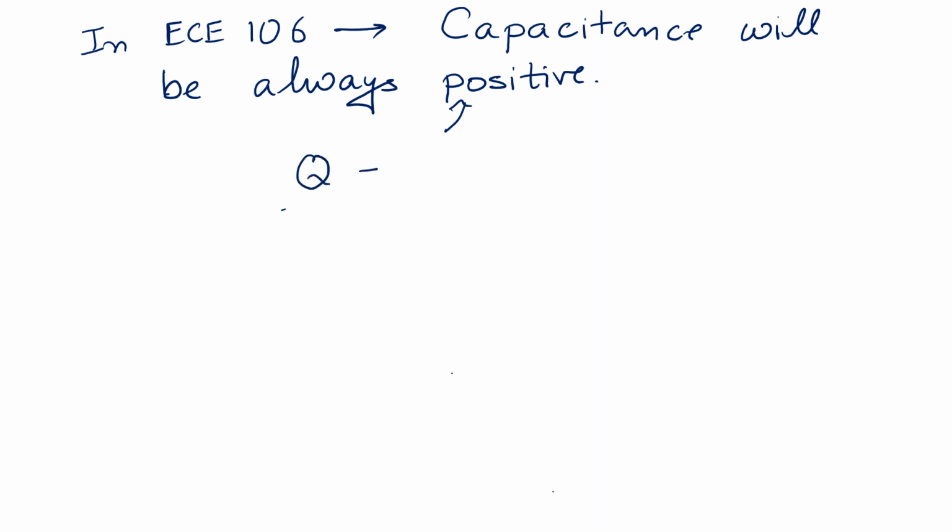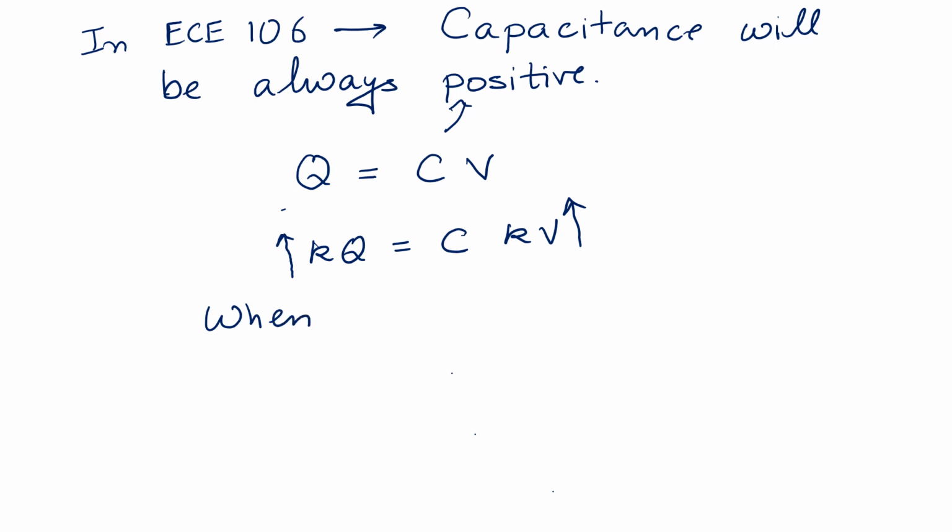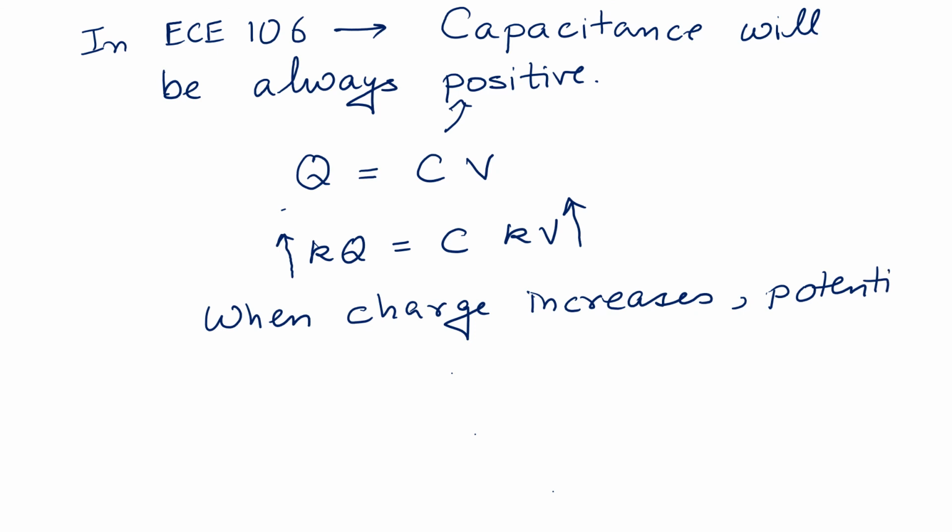It means this: Q is CV. If I increase the value of Q, then my potential increases too. So when charge increases, potential increases. That's what the positive value of capacitance is.